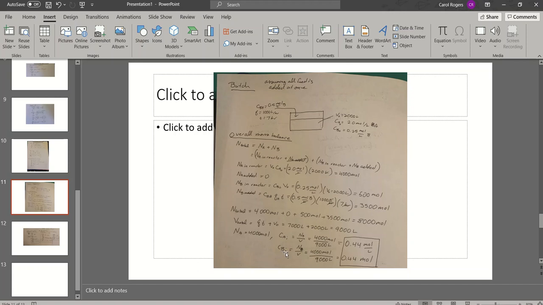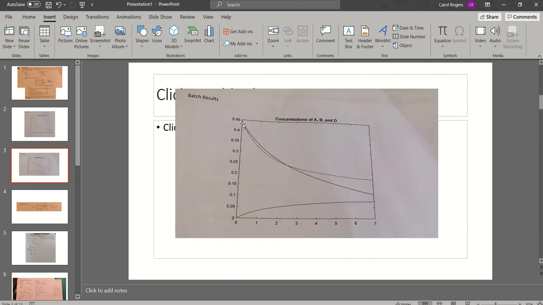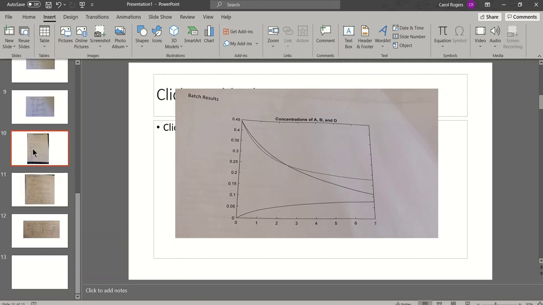Cb initially is now the same value, coincidentally. That makes sense when you look at the initial graphs that he gave us. You saw that the initial concentrations were about 0.44 and that they were the same. CD is 0 because nothing's been reacted yet. So it's easy to convince yourself that that's correct.